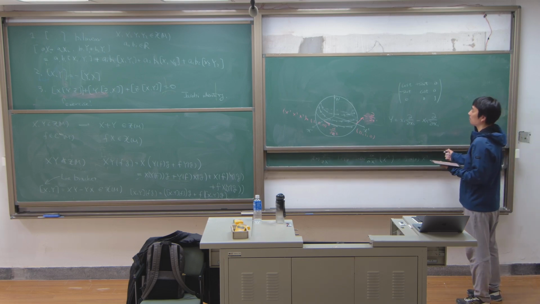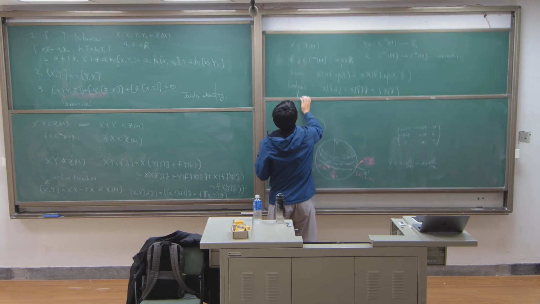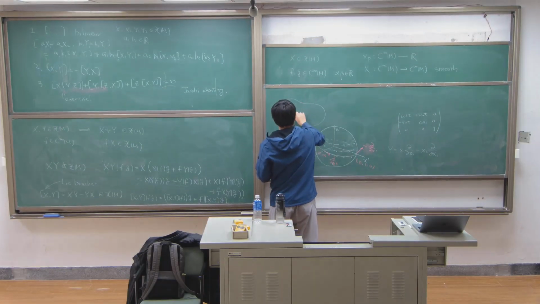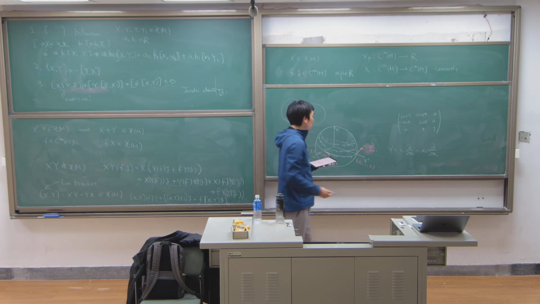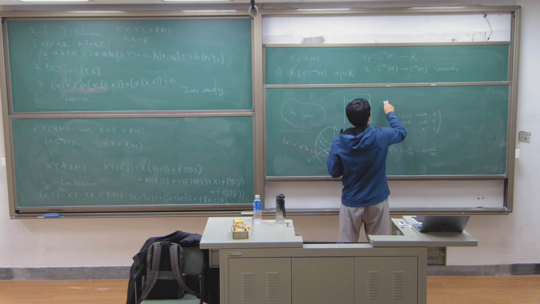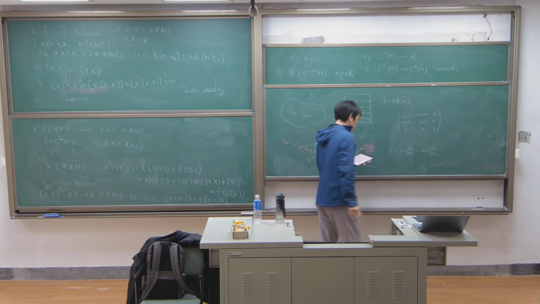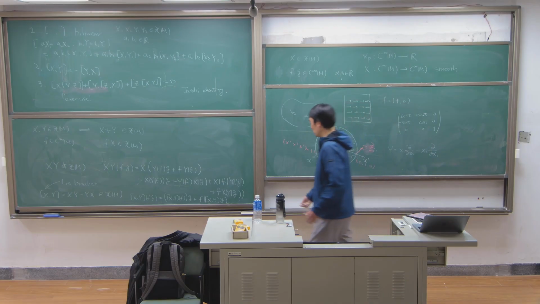Another thing is that if you have a vector field like this on the torus, the flow is a translation by t times the vector. Oh, sorry, I should mention that this is not precise.